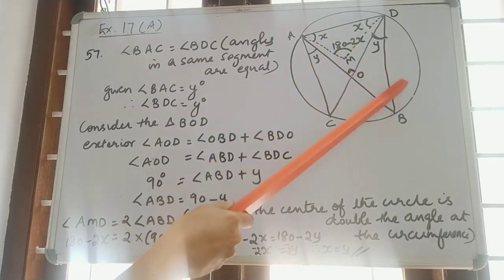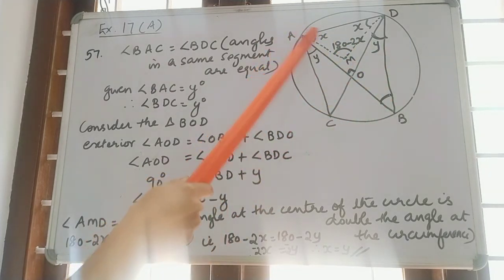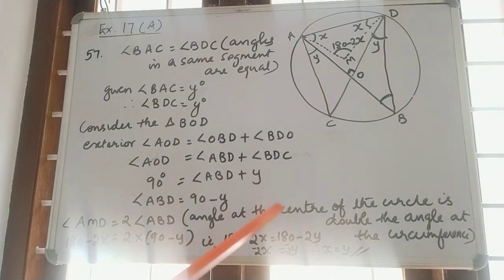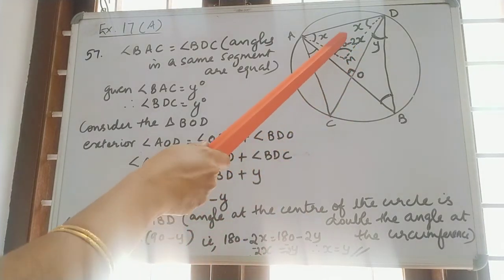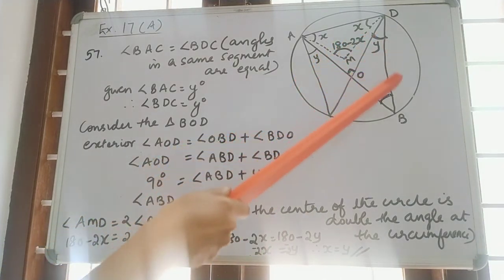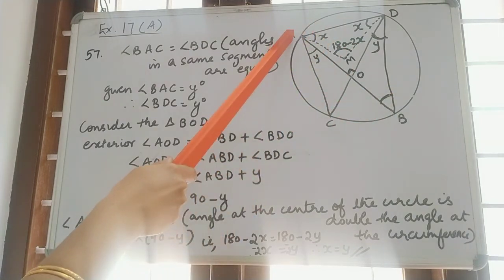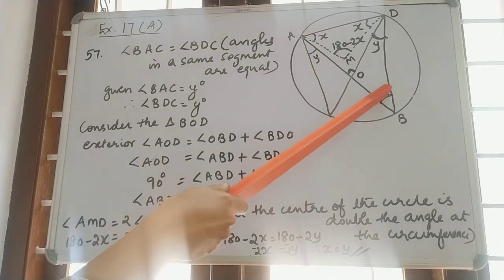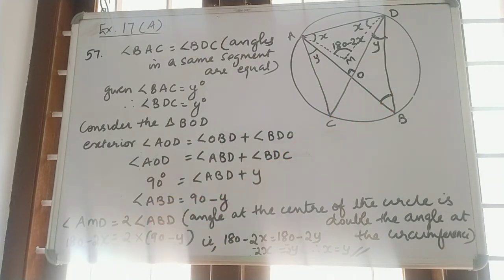AMD will be twice angle ABD, because we have the theorem that the angle at the center of the circle is double the angle at the circumference. So we can write 180 minus 2X is equal to 2 times angle ABD. Now we got ABD as 90 minus Y.